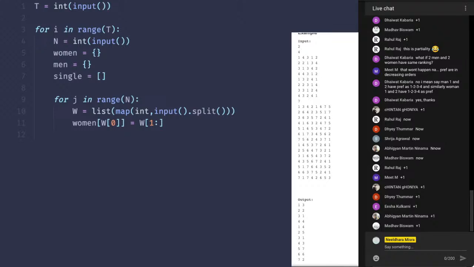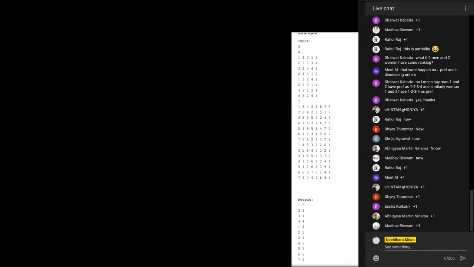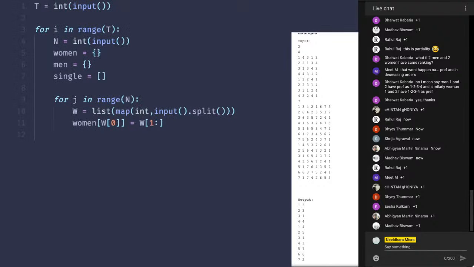To begin with, let's also build up the list of single men. Now let's say we want to solve for n men. Actually, n can be derived, so let me not even bother with that. But let's pass the set of single men to this function.